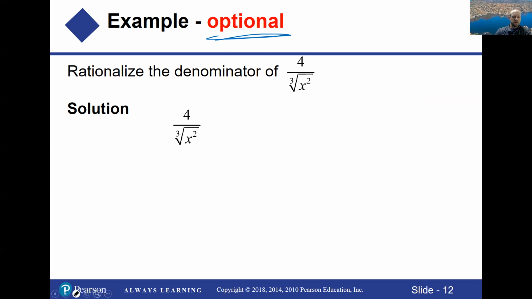And what we have to do on a problem like this, and again, this is completely optional, is think: if I have a cube root of x squared, how many more x's do I need to multiply it by so that it's rationalized? And the answer is I need another cube root of x. Why is that?